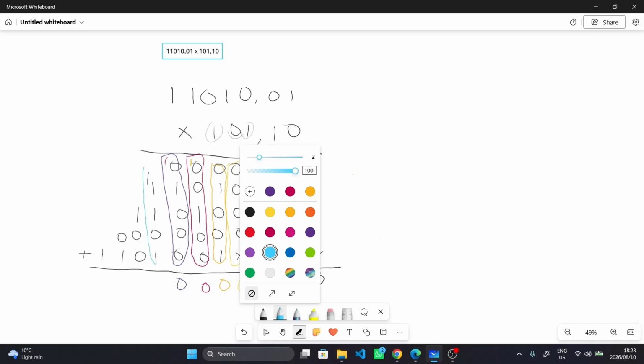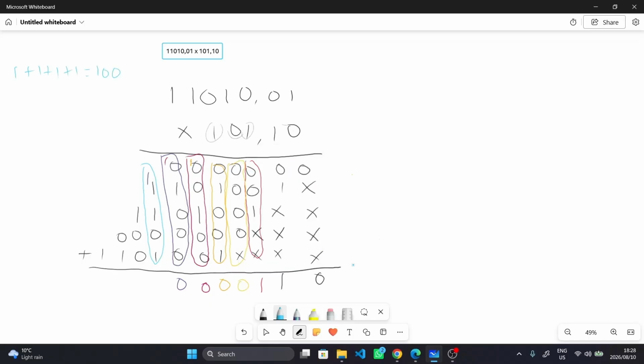Then we add this one here, which is 1 plus 1 plus 1 plus 0 plus 1, which is 1 plus 1 plus 1 plus 1 plus 1 equals 100, right? Which is 4 in binary. So we put 0 there and we carry 10 there.